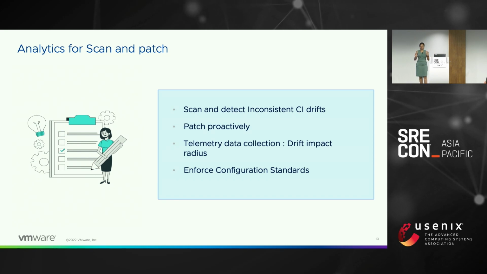And again, analytics: how do we use the telemetry data from this service? Initial data collection is done. We can identify the drift impact radius with this, and we get to know when, why, and how these drifts are occurring. Using that data, we can enforce configuration standards, as well as send guidelines to the customer infrastructure to maintain certain standards of configurations.